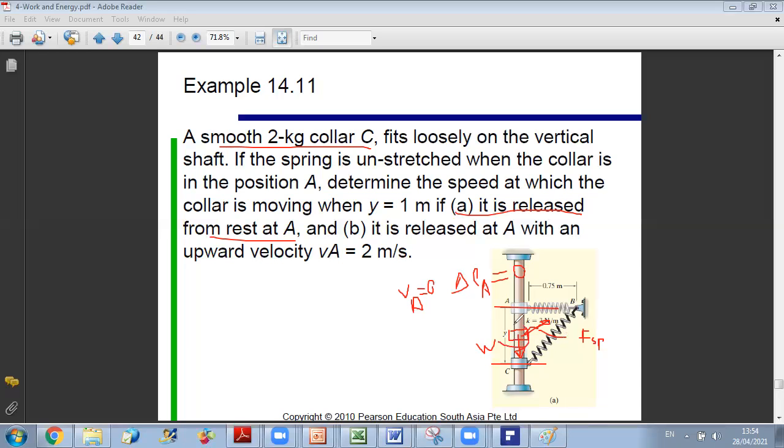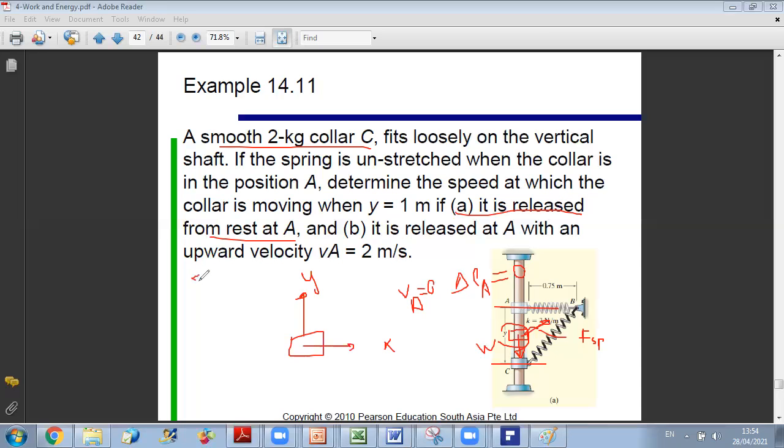Is your collar moving in the X direction, or just in the vertical direction? Vertical. Okay, if it's only moving in the vertical, then the sum of forces along X must be zero, since motion in X is zero.